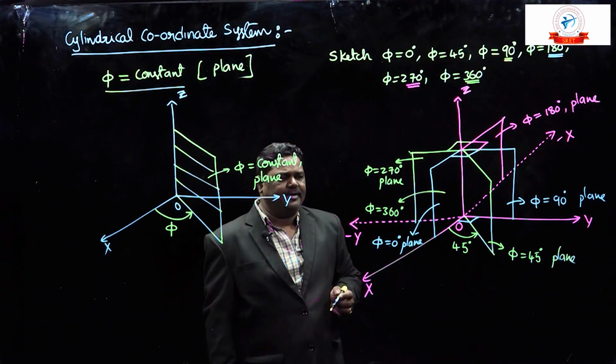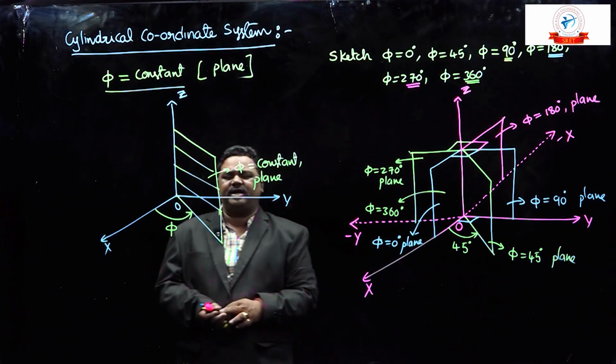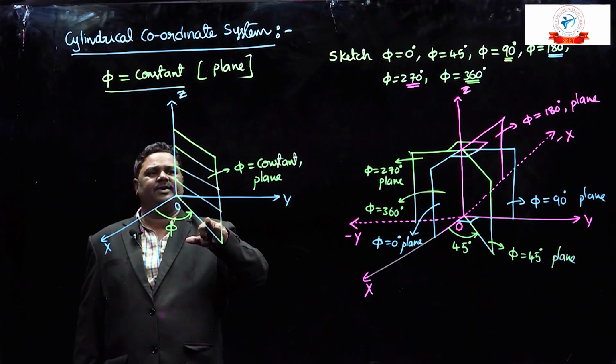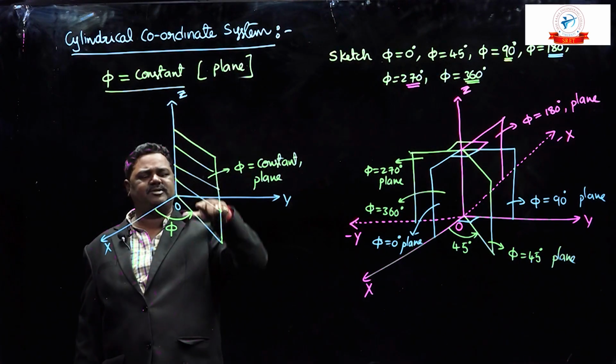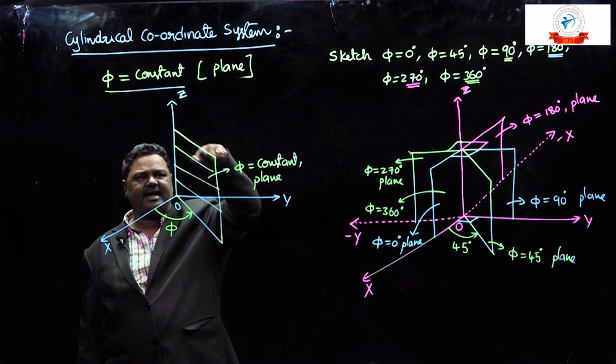Now just see here, what is the top view of this diagram? If you observe from the top, how does this plane look? The plane looks like a line.